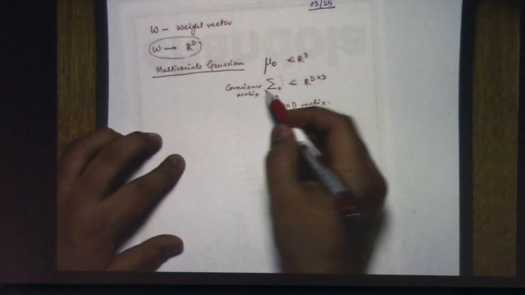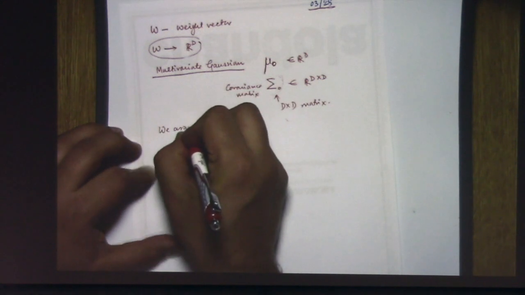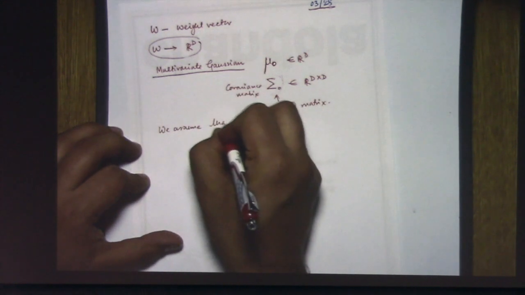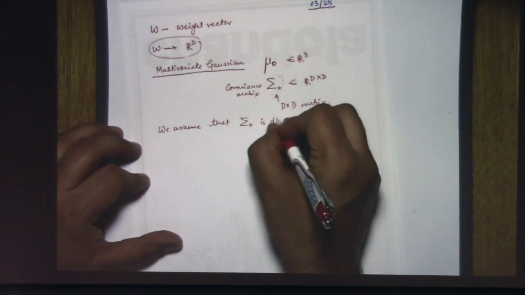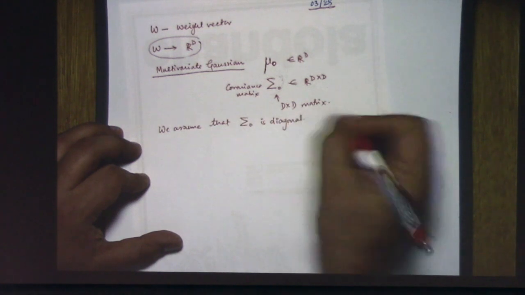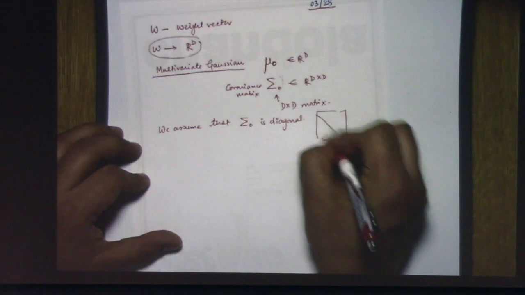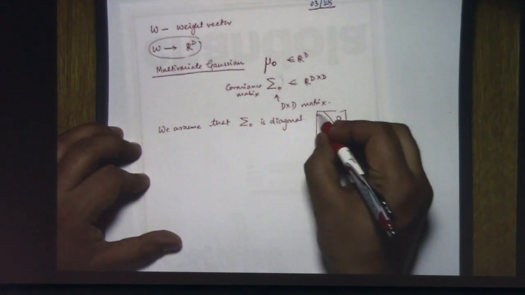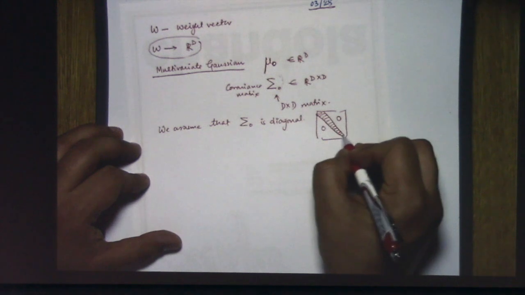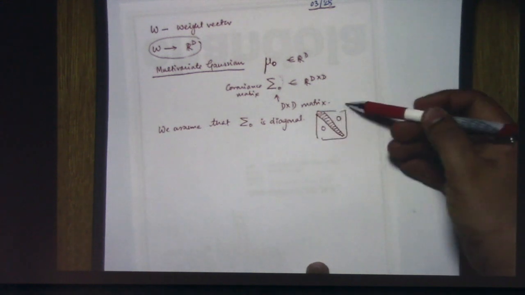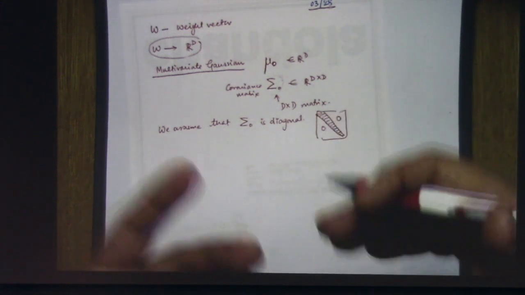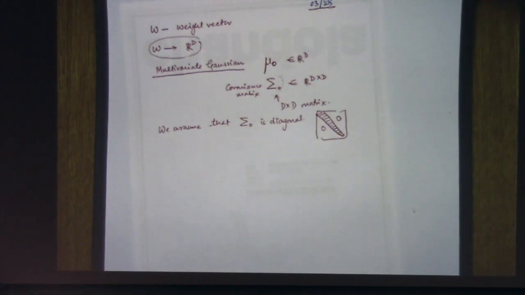So to simplify that, what we assume is that this matrix is diagonal, which means it only has non-zero entries along the diagonal. Everything else is zero. The reason we do that is because it helps us reduce the number of parameters that we have to set. Because remember, prior is something that you specify.